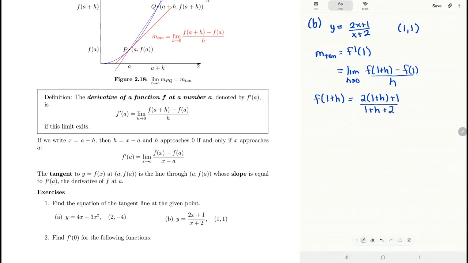And simplifying, we can distribute the brackets. That gives us (2 + 2h + 1) all over (h + 3). And this is (2h + 3) divided by (h + 3).